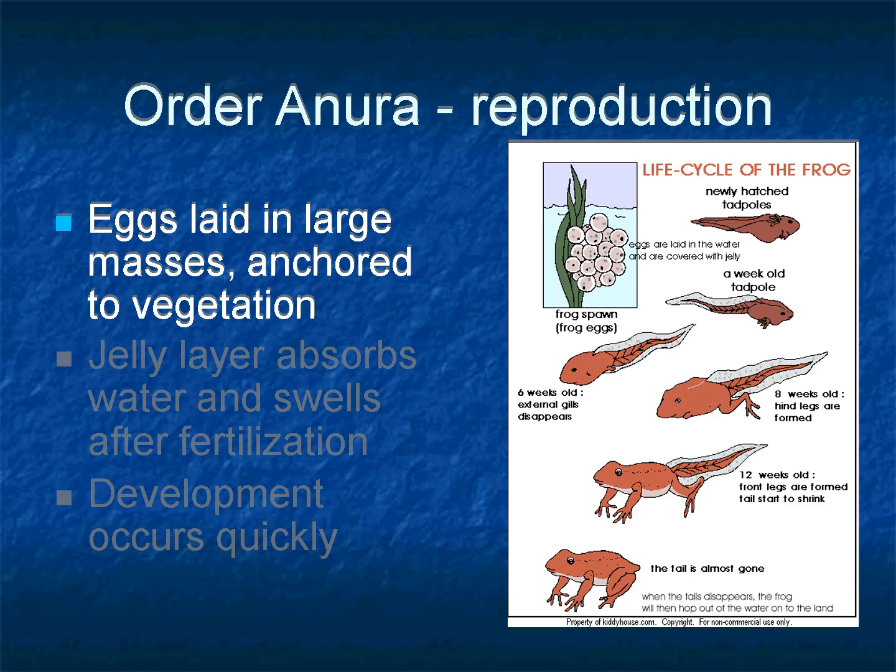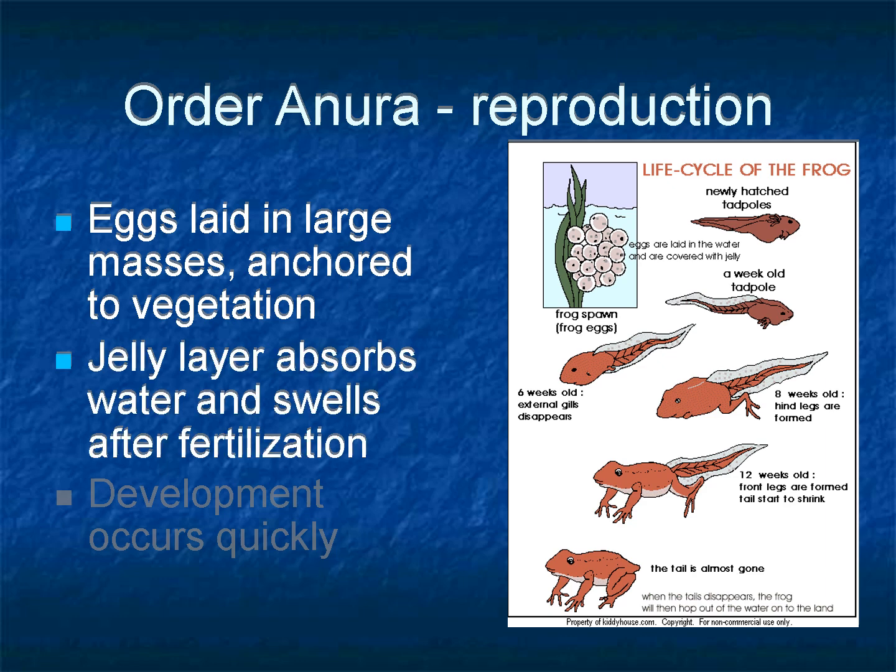To increase the chance of survival, large masses of eggs are released, which anchor to vegetation mostly. Moreover, the jelly layer of the eggs absorbs water and swells after fertilization. After all this process, development is very quick.